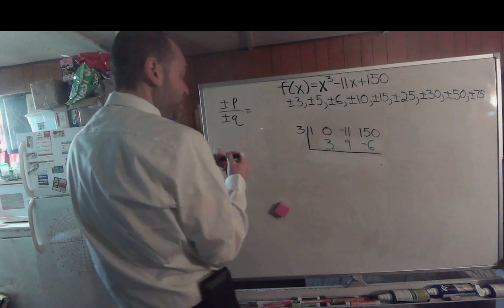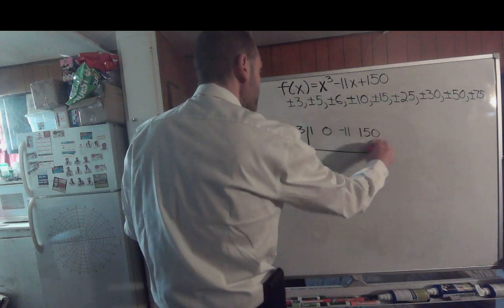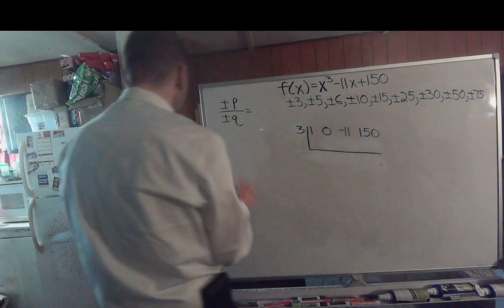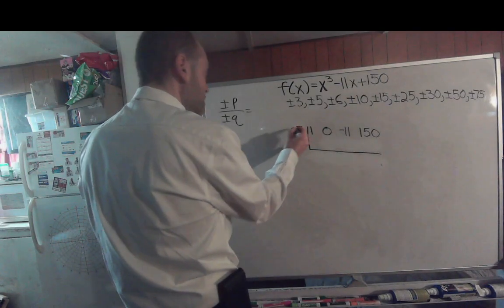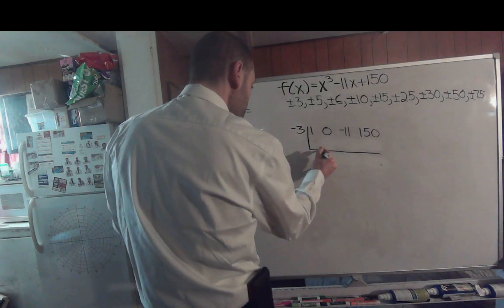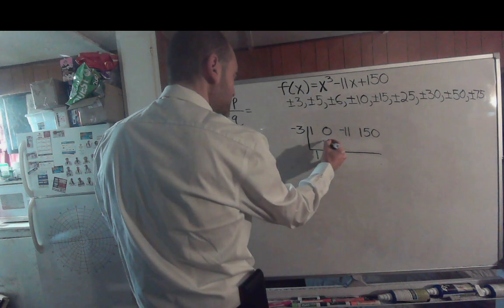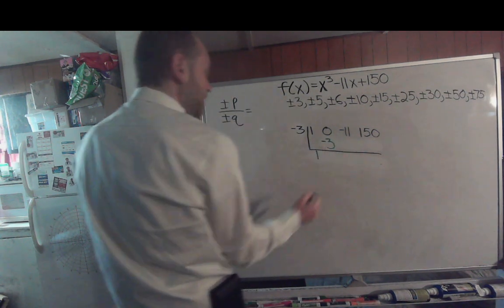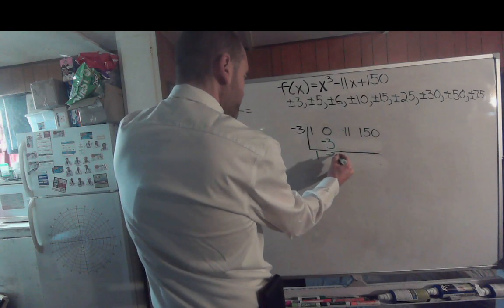Alright, let's try negative 3 this time. So bring down your 1. Negative 3 times 1 is going to end up being negative 3. 0 minus 3 is negative 3.